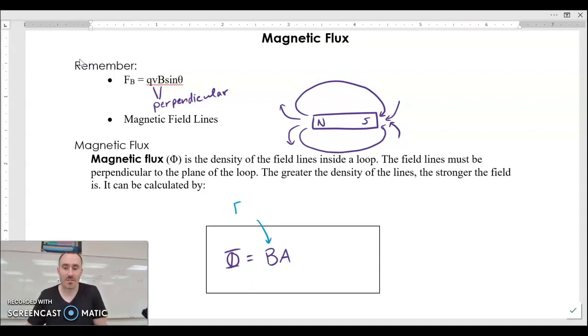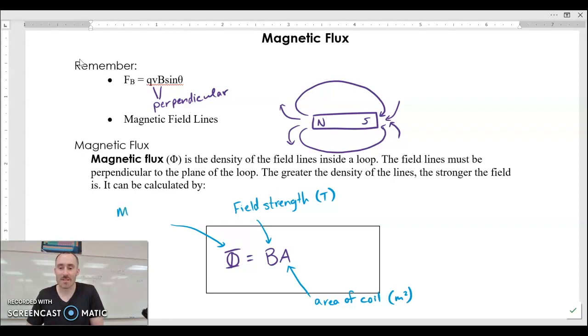Okay, so this is the field strength, and that will be in Teslas. And A over here, this is the area of the coil, and that needs to be in square meters. Okay, and this thing over here, this Greek letter phi, this is magnetic flux.